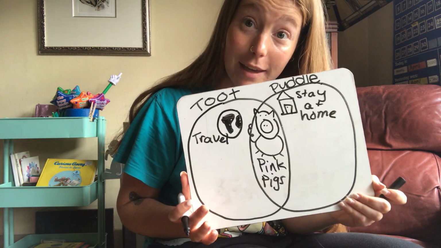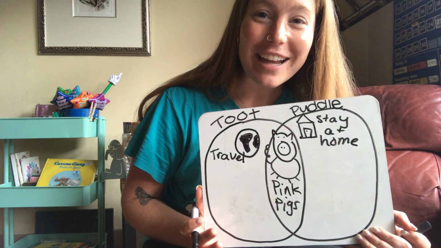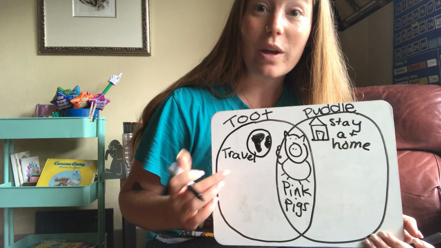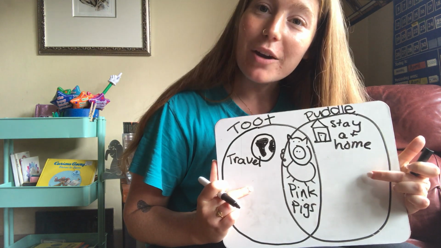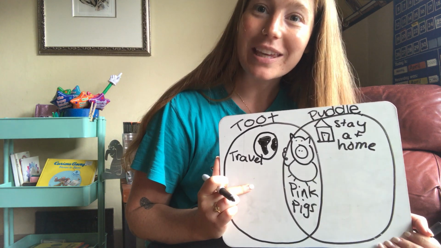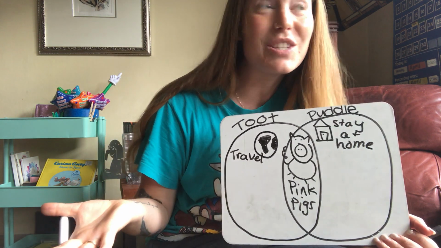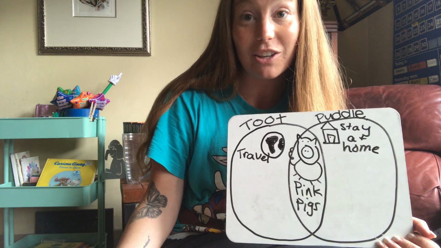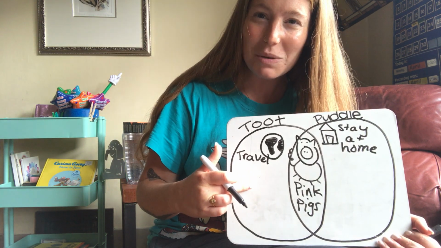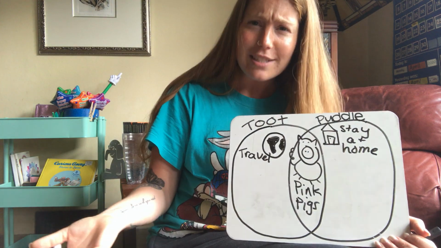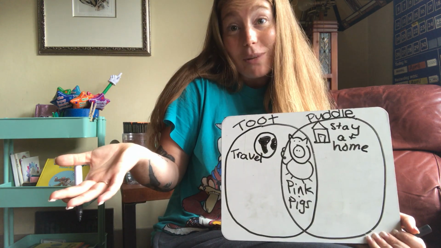Now, when I really think about this story, I remember that at the very end, when Toot came home from all of his adventures, Puddle also talked about how he went on adventures in his very own house and in his very own backyard. So even though at first I thought maybe Toot was the one that liked to adventure, I think they both like to go on adventures, just in different places.